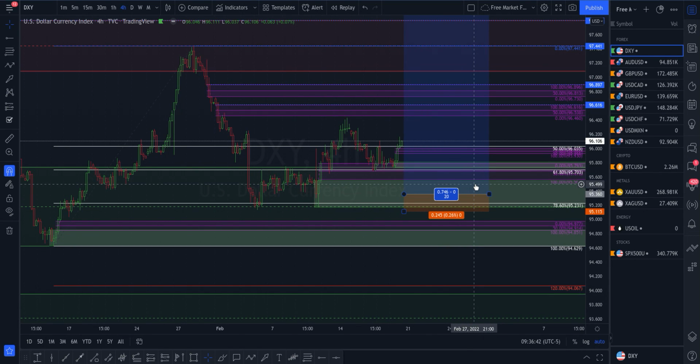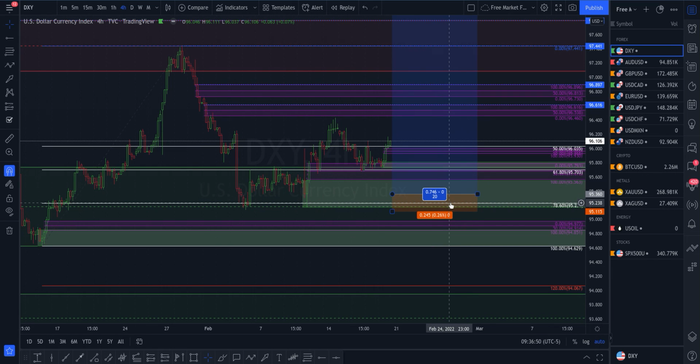So this is a 20R trade, risking 24 pips to gain 74.